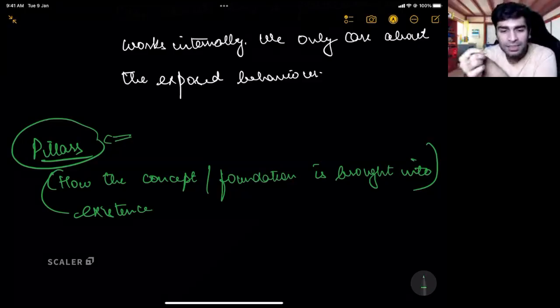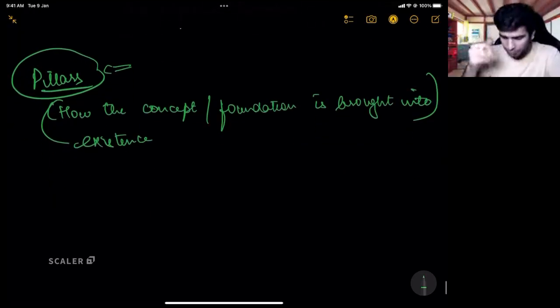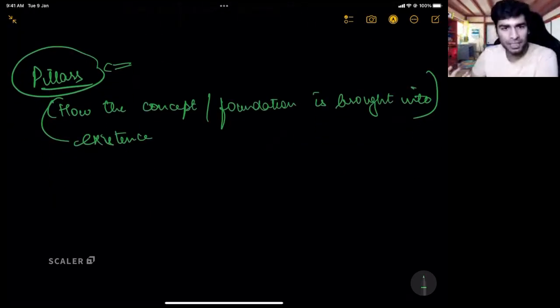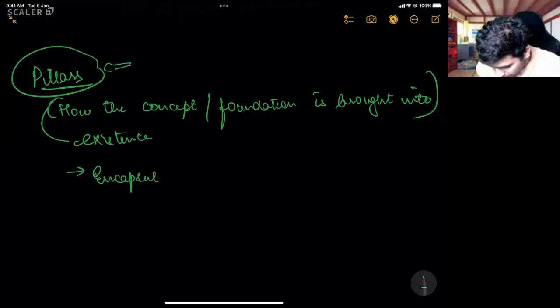Those language constructs are known as the pillars. There are three pillars in object-oriented programming languages that allow you to represent the idea of abstraction: encapsulation, inheritance, and polymorphism.